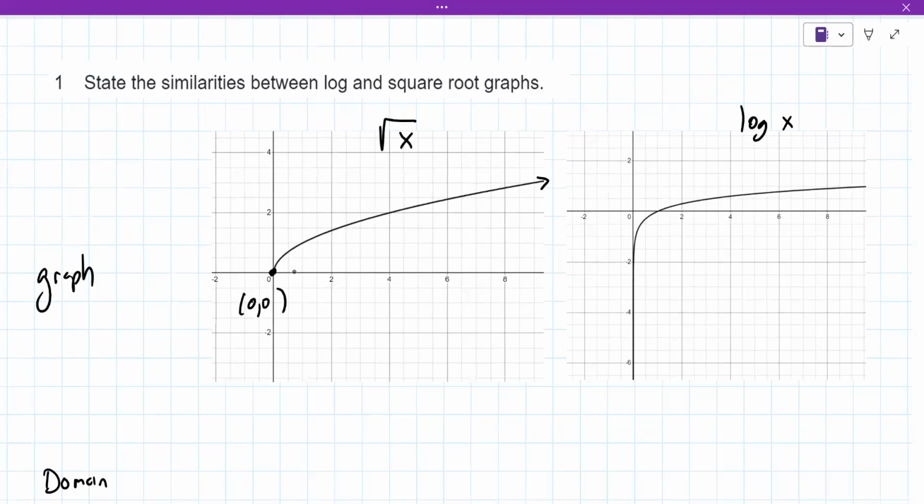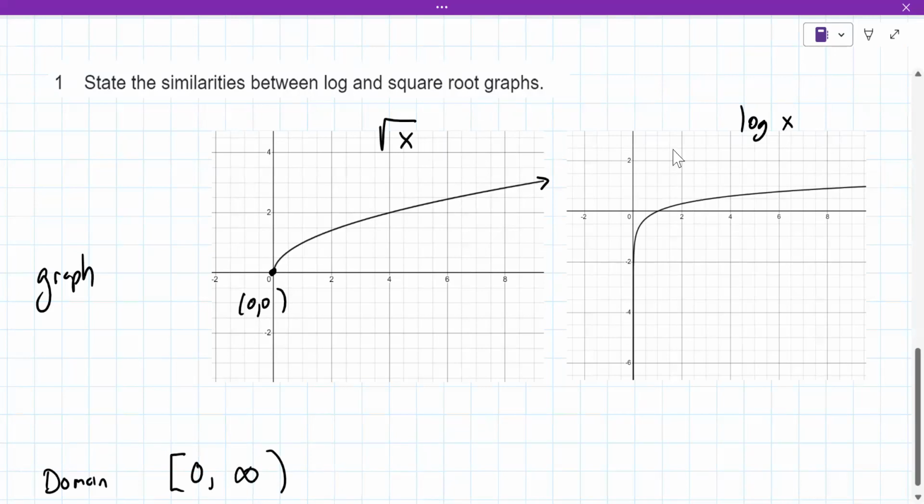I'm not sure what the domain would be actually. What is the leftmost x value? 0, because that's where the line is going through. But how far right does the graph go? It goes to positive infinity. It goes forever. Okay, so this is your domain for the square root.